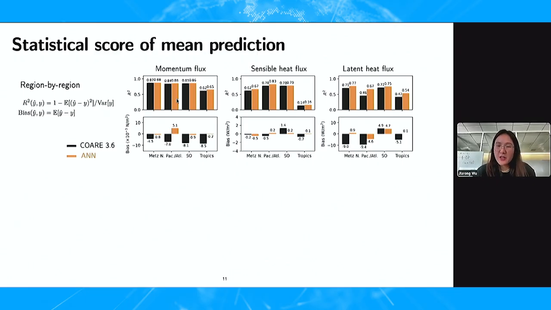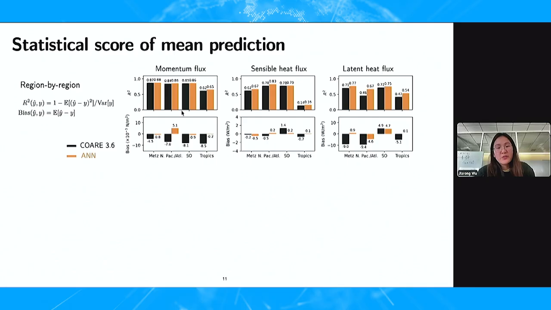In terms of R-squared, first of all, we can see that there is some level of improvement by the ANN, which is the orange, across all three fluxes, compared to, for example, the COARE 3.6 algorithm.